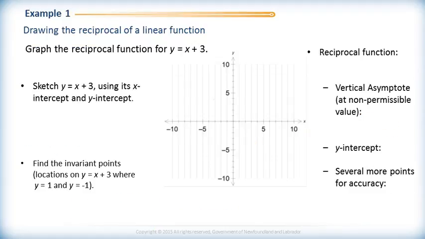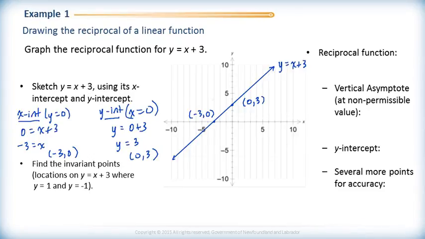All this suggests a procedure for graphing the reciprocal of y equals x plus 3, or any linear function for that matter. First of all, we'll sketch the graph of y equals x plus 3 using its x-intercept and y-intercept. So we calculate the x-intercept to be negative 3, 0, and the y-intercept by putting in x equals 0 to get 0, 3. Sketch the graph. That's a guide for doing the other one.